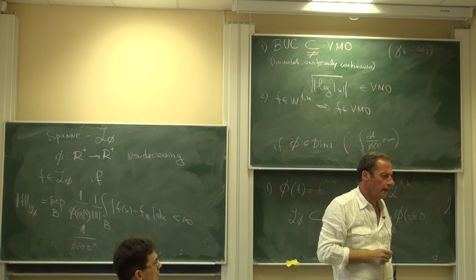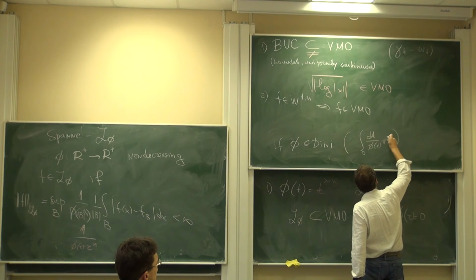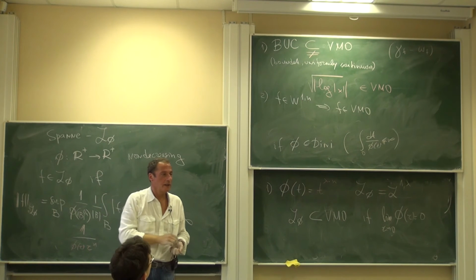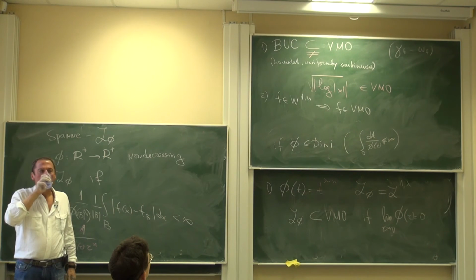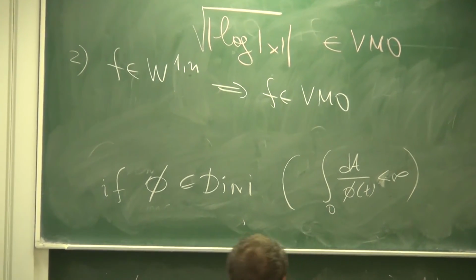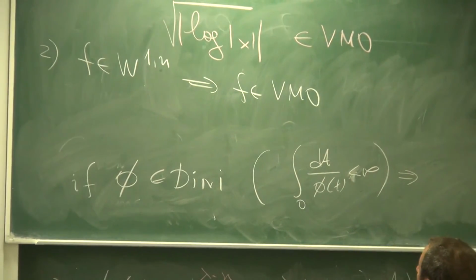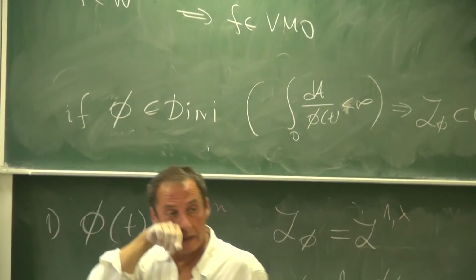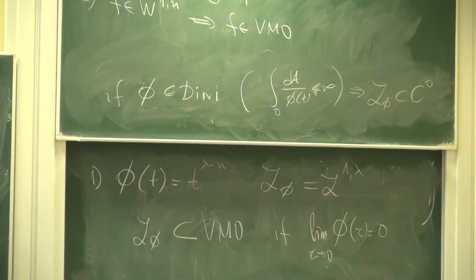Dini is phi of t divided by t. You are from Italy, so you know better what Dini is. So, if phi is Dini continuous, then L phi is included into C0. And this result is optimal.